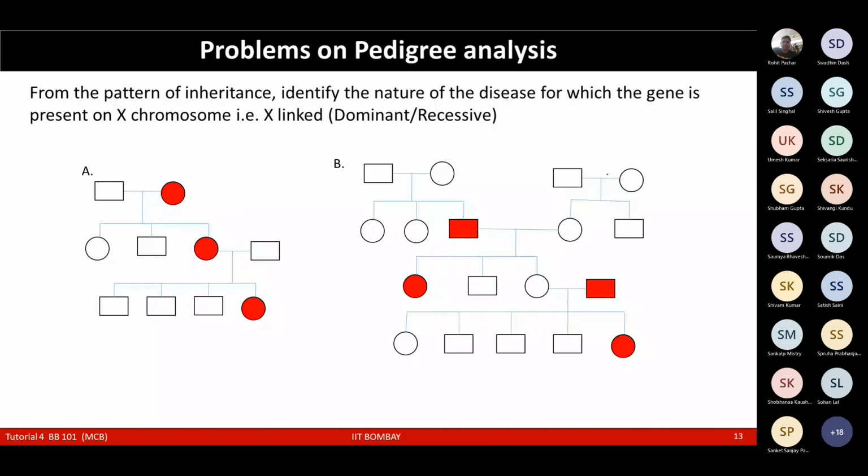Males have XY and females have XX chromosomes. If there is a mutation in the genes on the X chromosome, then the male will be affected because he has only one X chromosome. Females have two Xs, so if there is a mutation in the genes on the X chromosome, there is a chance that it may or may not transmit to another generation. So this is the X-linked dominant.